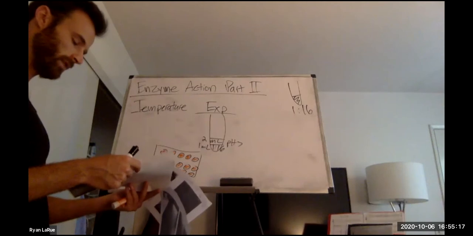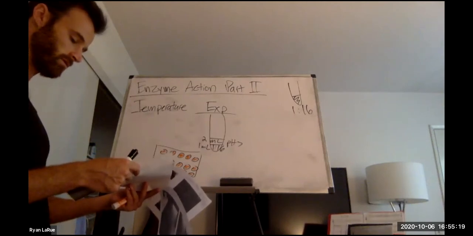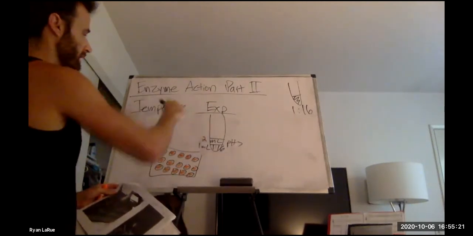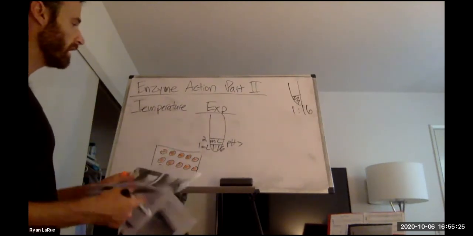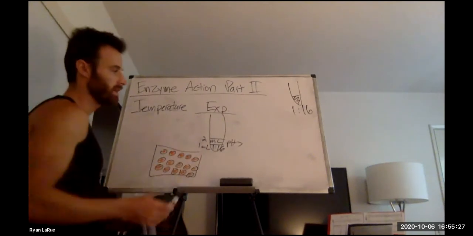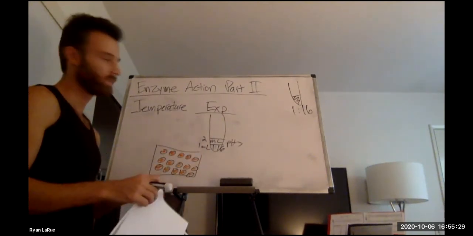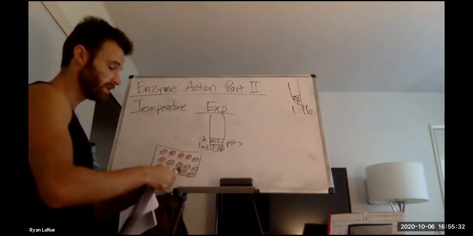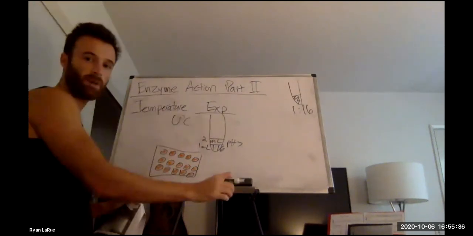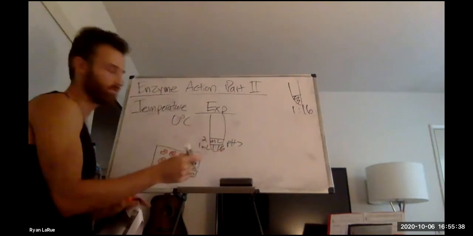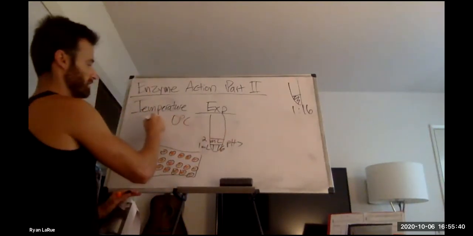Yeah, and you didn't have to do that for NaCl, I don't believe. But you'd add the buffer for the temperature one. Then we want to subject the enzyme to different temperatures. So for the 0 degrees tube, you would stick this test tube in an ice box for 5 minutes or so.